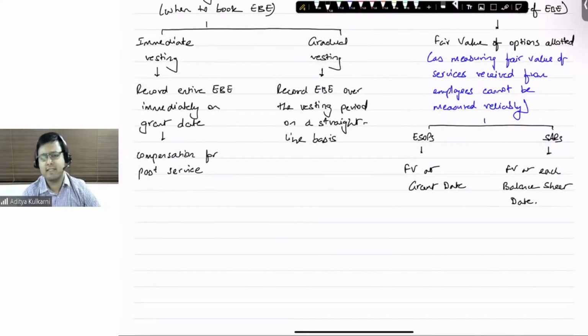So this takes care of when to book and at what value to book the expenses.